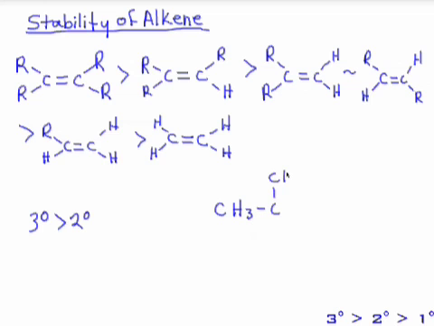If I was to pull off a bromine from tert-butyl bromide to form an alkene, and a base came in and pulled off one of these hydrogens to make a double bond, I would get an alkene that would look something like this.